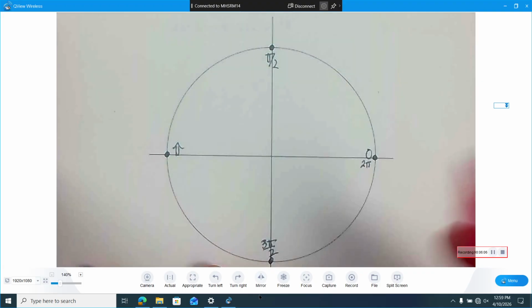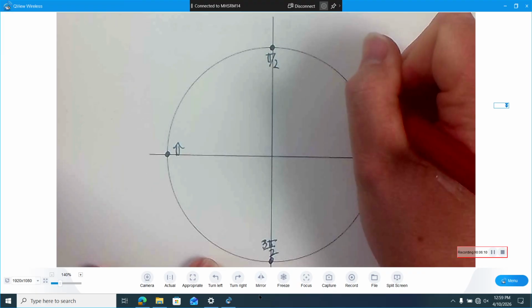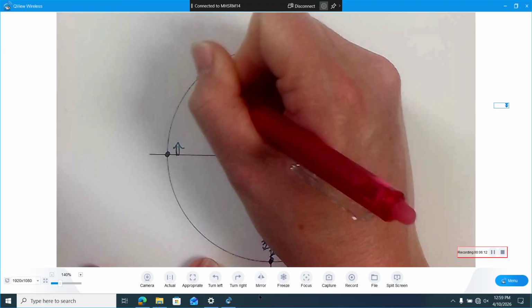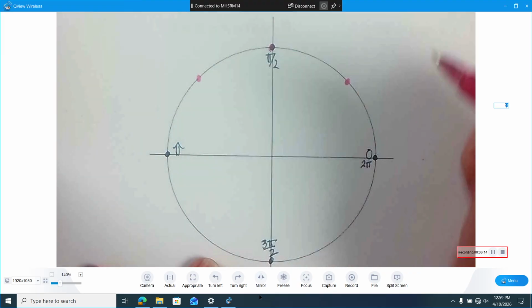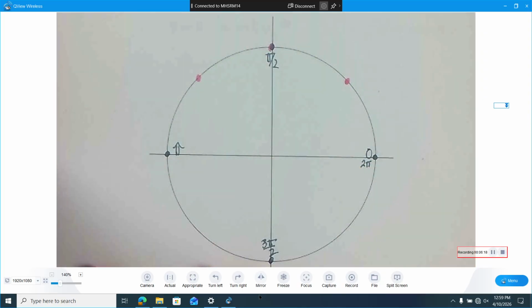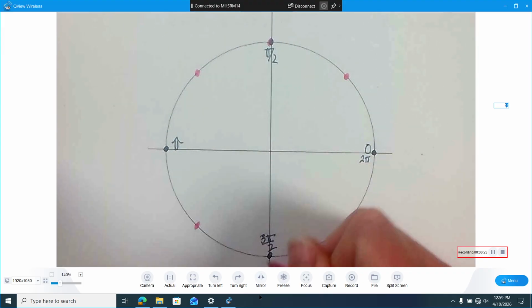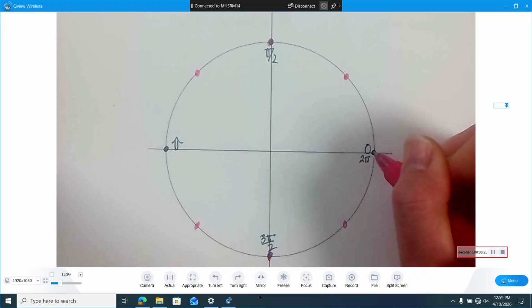Now, if we take pi and cut it, split it. There we go. See that? I've got 1, 2, 3, 4 wedges on top. I'm going to do the same thing on the bottom. Okay.